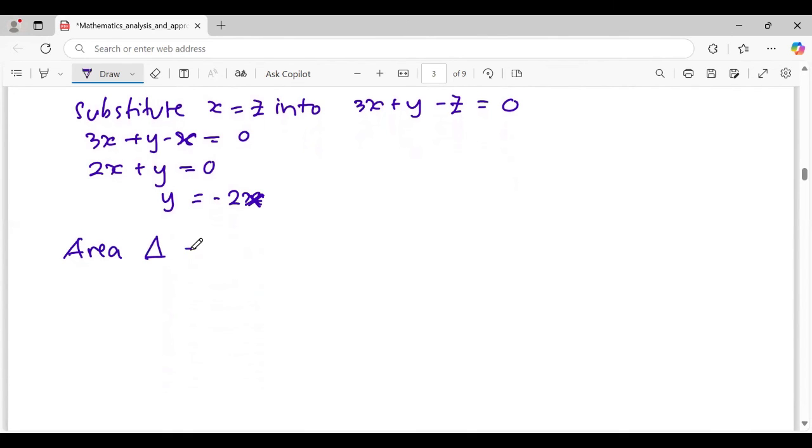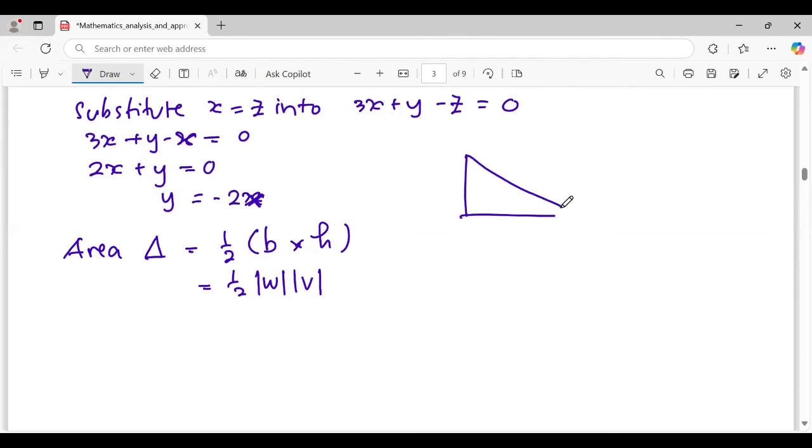Next, area of triangle. Area of triangle equals half times base times height, and it is half times modulus W times modulus V, if the triangle is like this, triangle ACD.